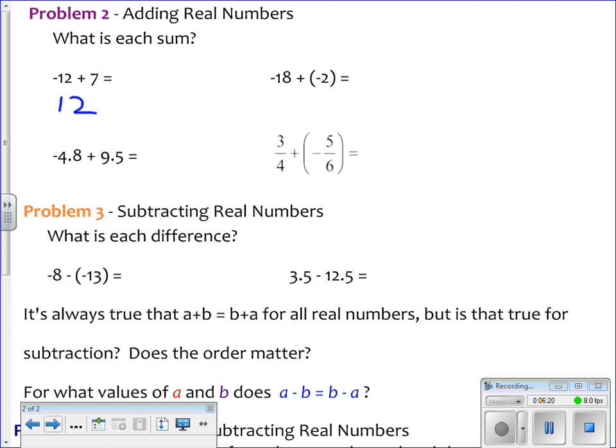You take the larger one, subtract the smaller one, ignoring the signs. What's 12 minus 7? 5. So this is 5, either positive or negative. It's negative because the larger number was negative. We've got -12, positive 7, so my answer is going to be negative. Does that make sense? Okay, so my answer is -5.